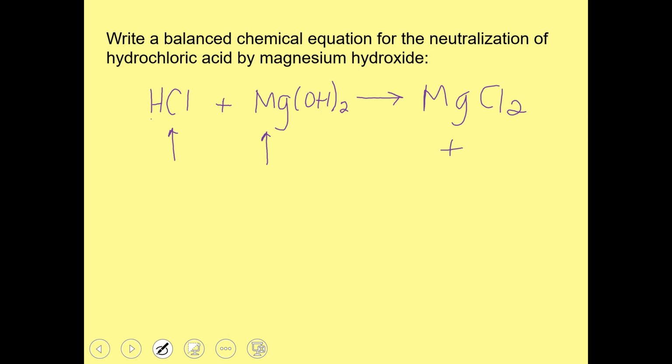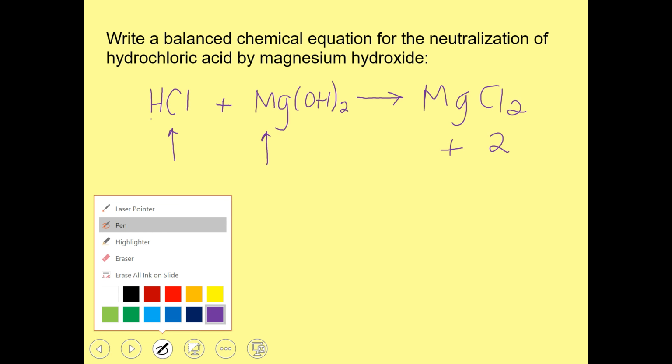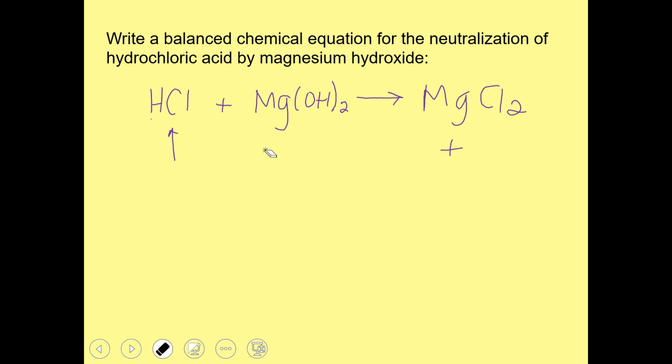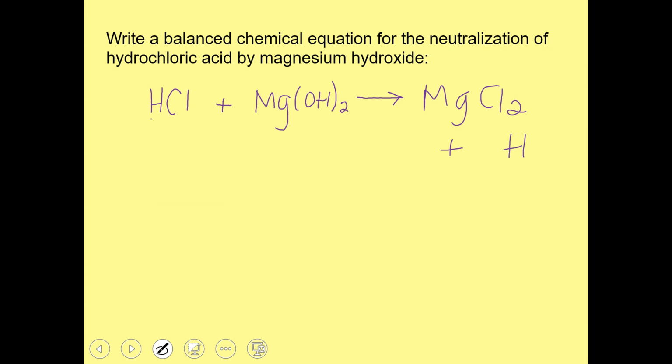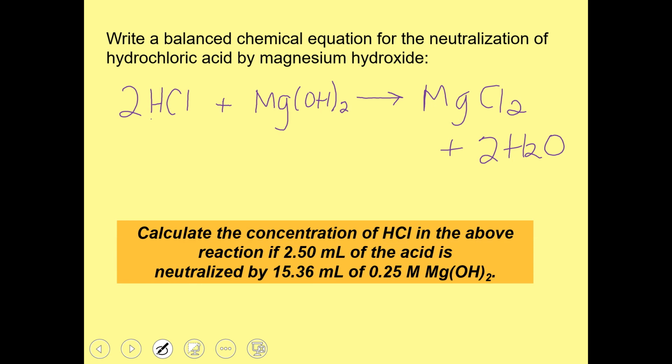And then the H goes with the OH and makes H2O. Then you have to balance it, of course, and that's going to be a 2 here and a 2 here. So that is a balanced chemical reaction between that acid and the base.